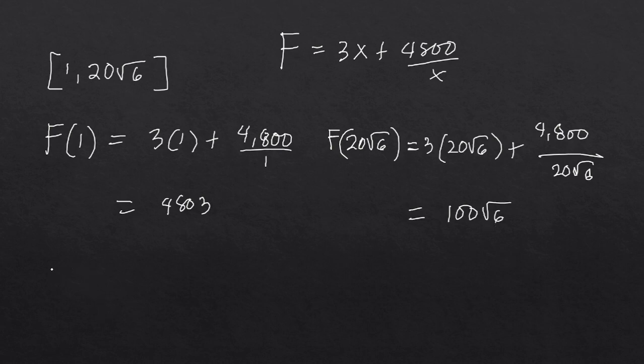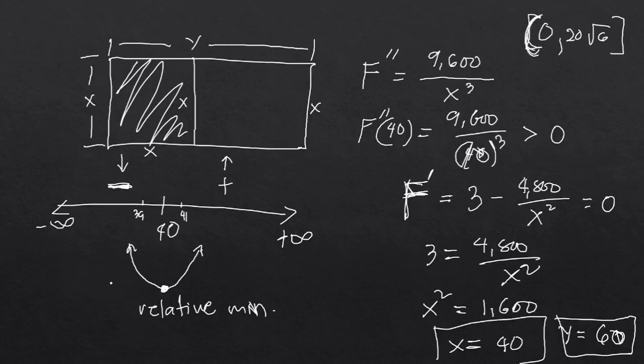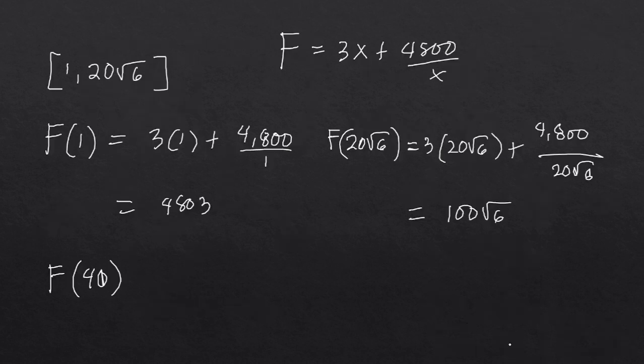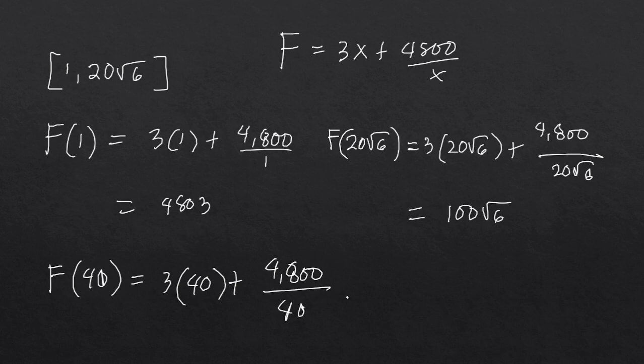While for the 40, the critical point that we have a while ago, if we substitute it here, it will give us 3 times 40 plus 4,800 divided by 40, and that would give us 240.